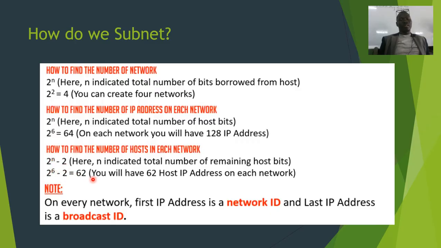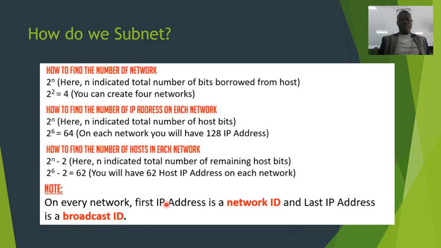We subtract 2 because on each network, the first IP address is always reserved for the network ID, and the last IP address is always reserved for the broadcast ID. Because of that, we always subtract 2.